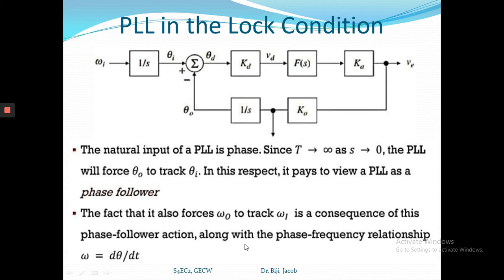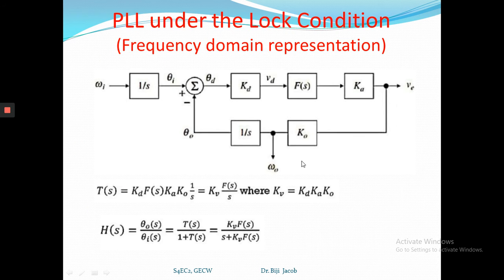Okay. So in the natural input phase, as s tends to 0, the transfer function tends to infinity.